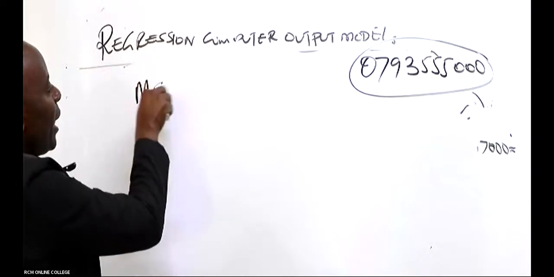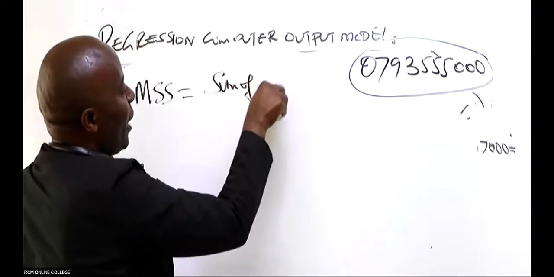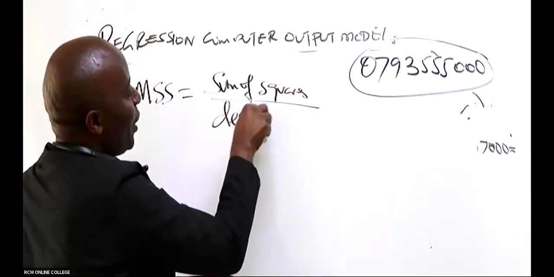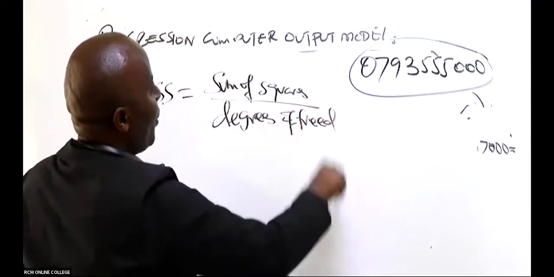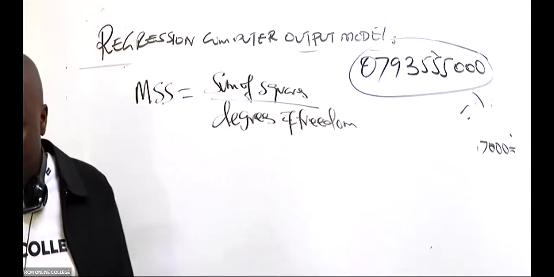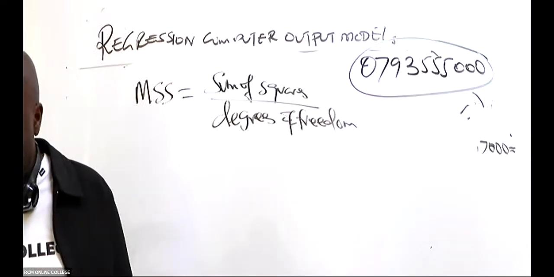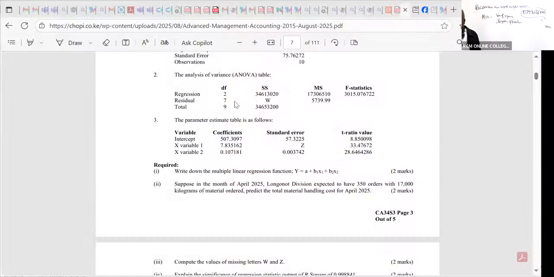In this row, where they have given us W, the mean sum of squares is 5739.99, which equals sum of squares, not known, called W, divided by the residual degrees of freedom, which are 7.